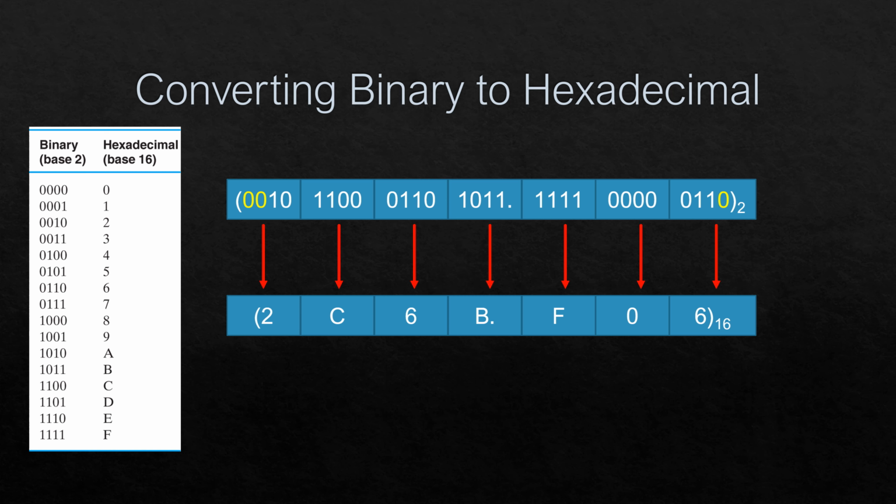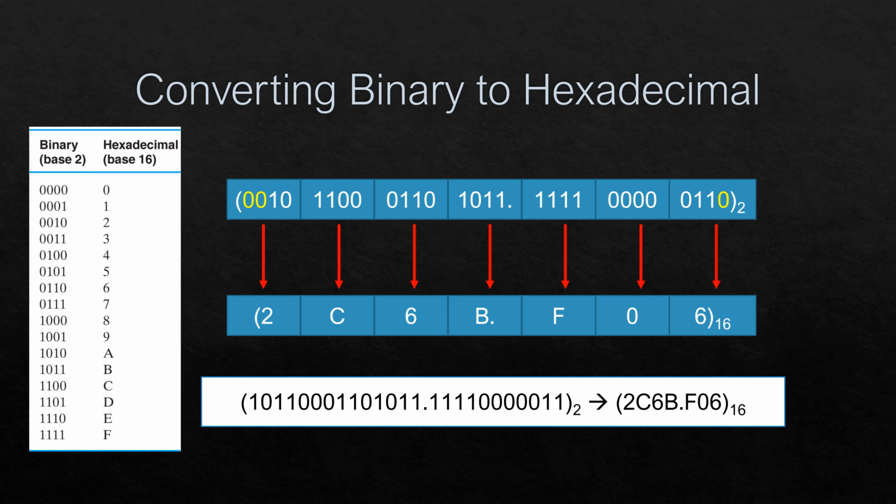In this example, we are adding 2 leading zeros and 1 trailing 0 to our binary number. So 0010 is hexadecimal 2. 1100 is hexadecimal C. 0110 is hexadecimal 6. 1011 is hexadecimal B, and again we leave our radix point here. 1111 is hexadecimal F. 0000 is hexadecimal 0, and 0110 is hexadecimal 6.